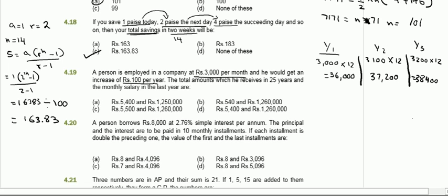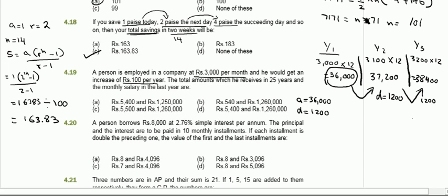For the total amount, this is the first year's salary, or our A, which is 36,000. In each of the years the salary will increase by a common difference, which is 1200. If you see, the salary is increasing by 1200 each year, so our D will be 1200.